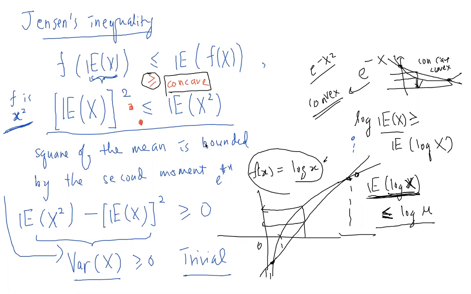So this is also convex. You looked at a concave function, a very simple one, just now. In the inequalities, what do you see coming out very often? So Markov's inequality. What function do you see here?